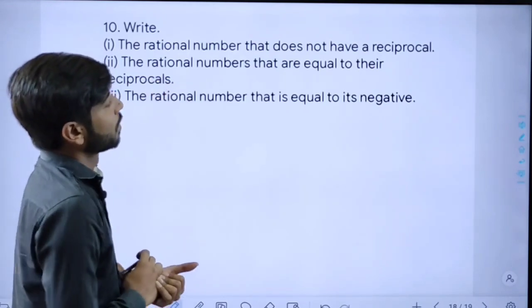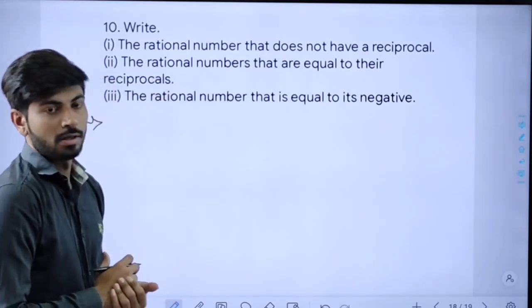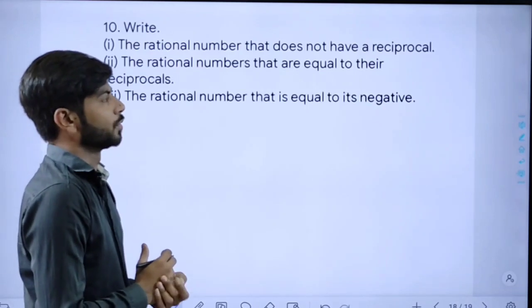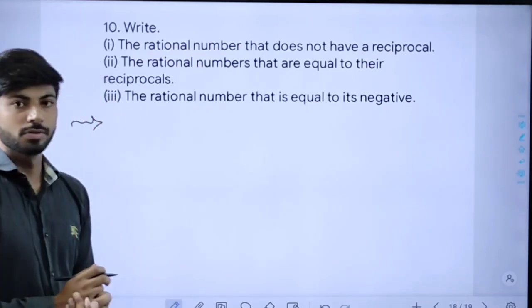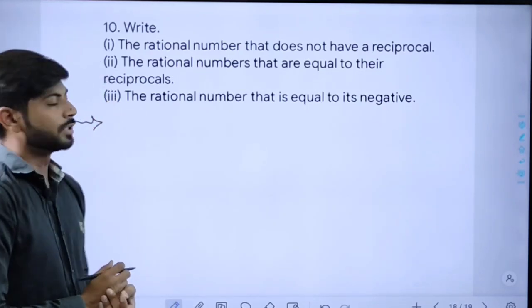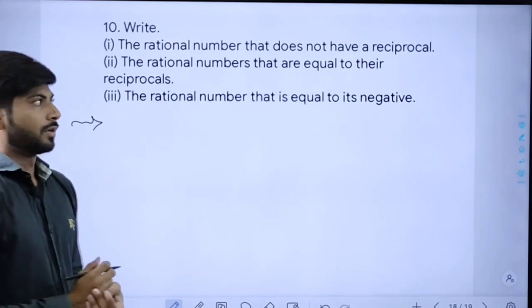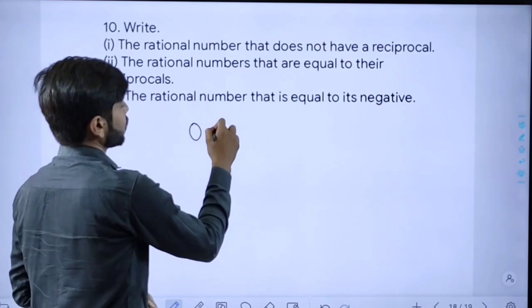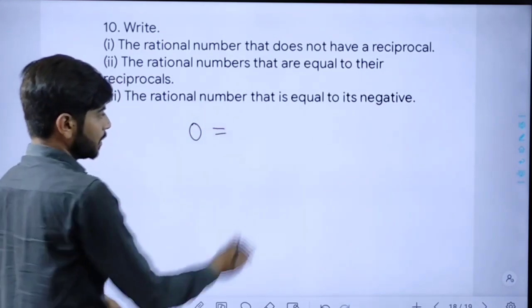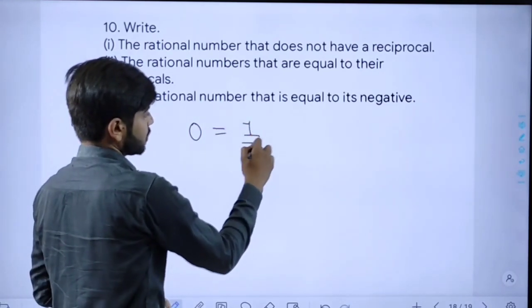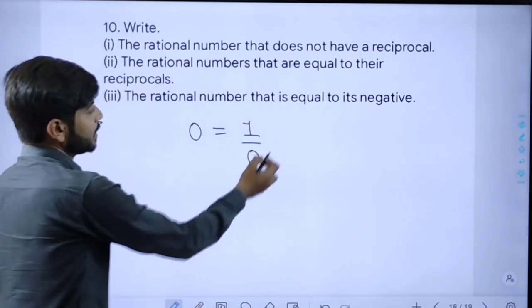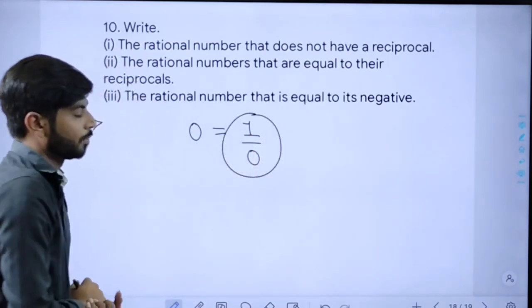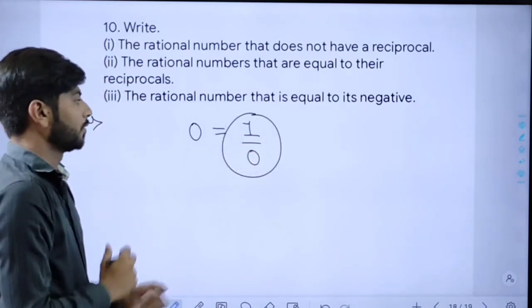Do you know the reciprocal of 1? Yes, 1 has a reciprocal. It is also 1. But do you know about 0? If you write the reciprocal of 0, it will be 1 upon 0. But division by 0 is not possible. It is not defined.